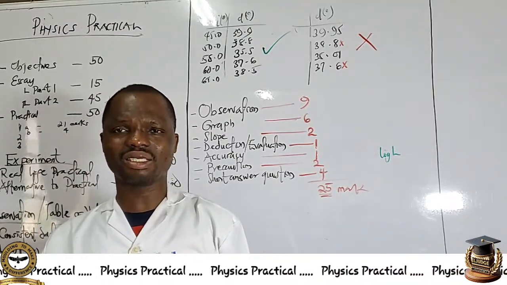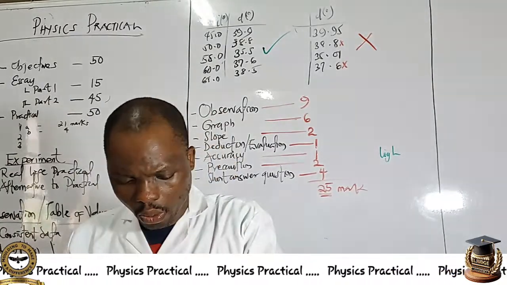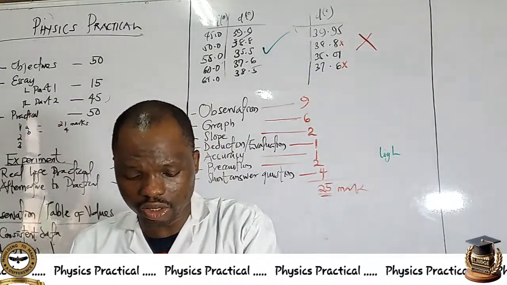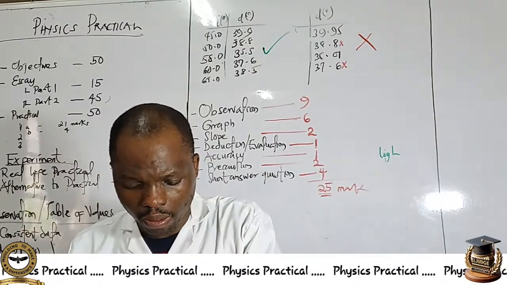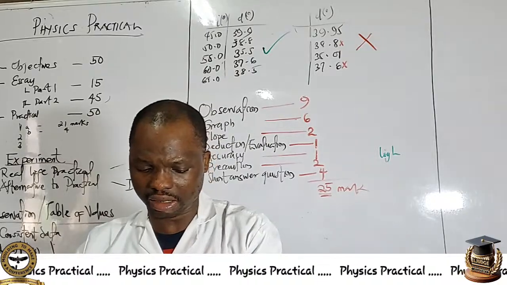Now, all the quantities that are read from the table, like logarithm, sine, cosine, tangent, and reciprocals, must be recorded to at least 3 decimal places.